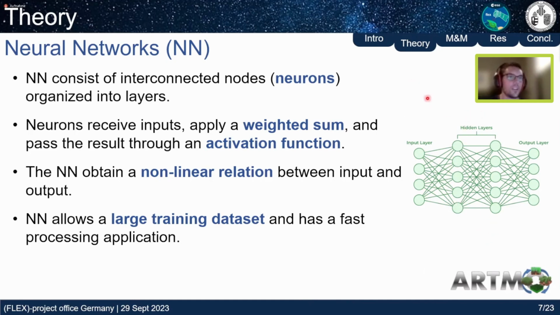The neural network is trained with a large data set, and inside the neurons we have the weights. So with a large data set, the weights change until we obtain a relation where the error is minimal, to obtain the nonlinear relation between the input layer and the output layer.